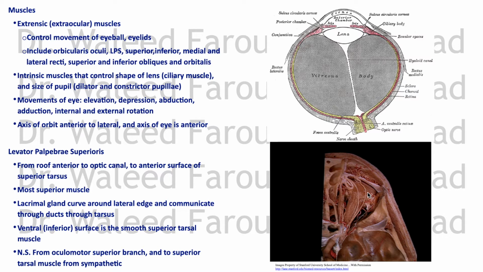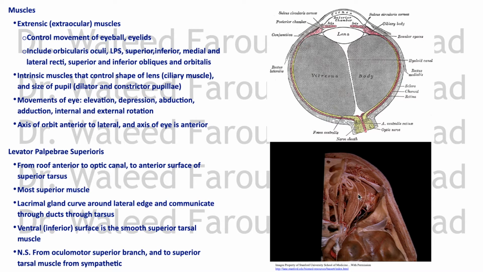Okay, now one more thing unique about this muscle is that the ventral aspect, the inferior surface of the muscle, has a special smooth muscle layer called the superior tarsal muscle. Now, since it's smooth muscle fibers, it's supplied by autonomic, sympathetic supply.